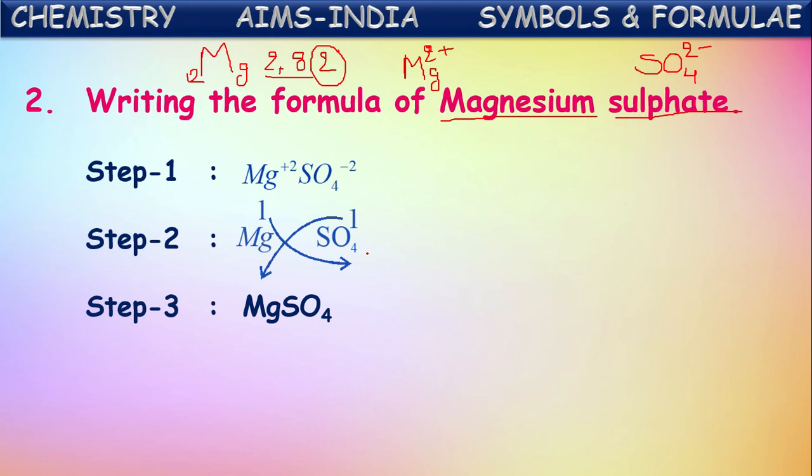If it is 1, need not mention it in the formula. So thus the molecular formula of the compound magnesium sulphate is MgSO4. Okay, in this way we can write the molecular formula of compounds by following the rules in the crisscross method.